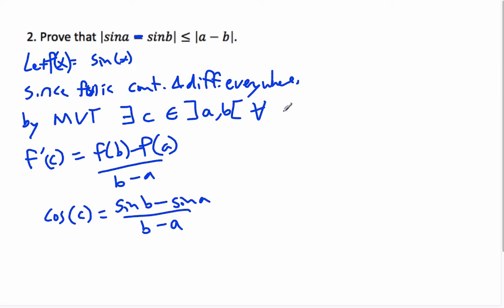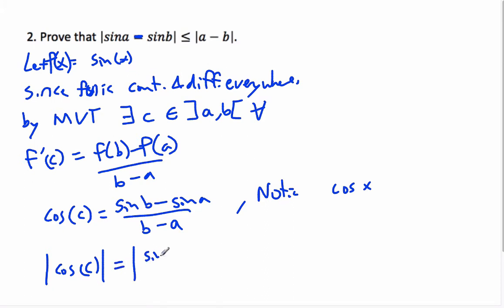Okay, now first I'm going to conclude from that, we need some absolute value signs eventually. Absolute value of cosine c is equal to absolute value of sine b minus sine a over b minus a.